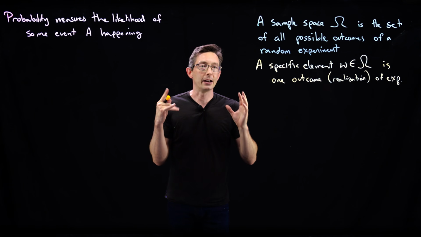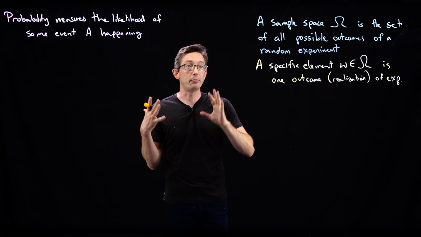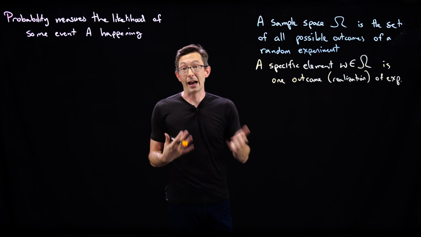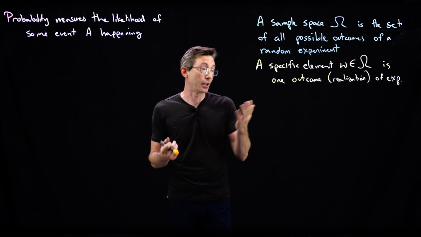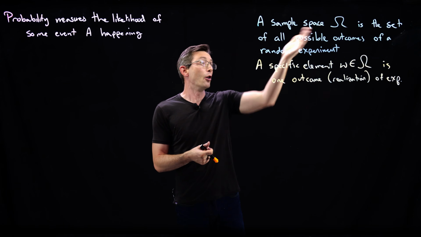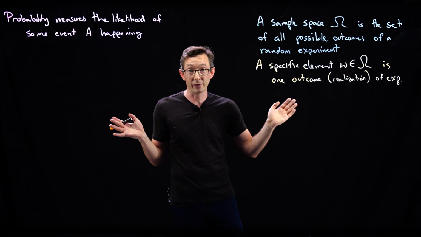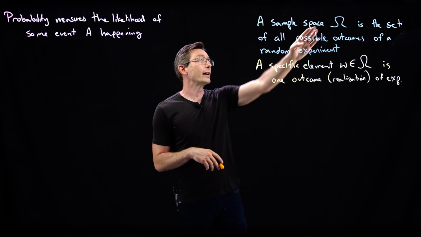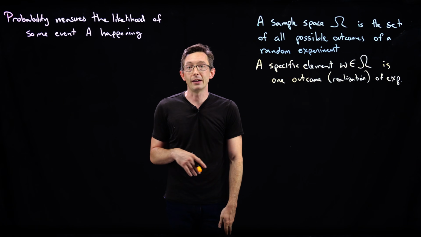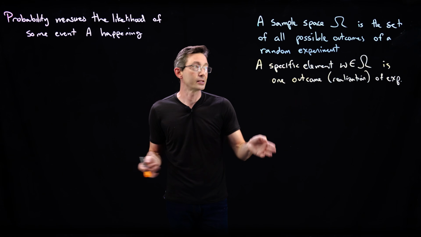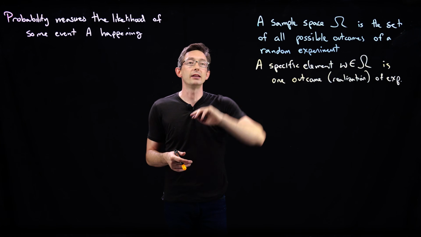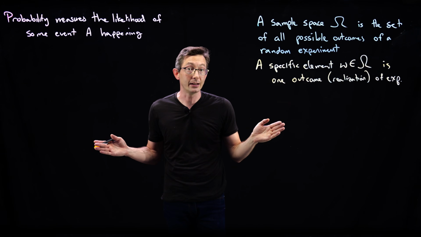So, lots and lots of examples of what this sample space could be. This could be the number of possible ways that I could flip 5 coins. Omega could be the set of all possible ways I could flip 5 coins. Omega could be the number of heads in 5 coin flips. Omega could be the number of emails I get in an hour.